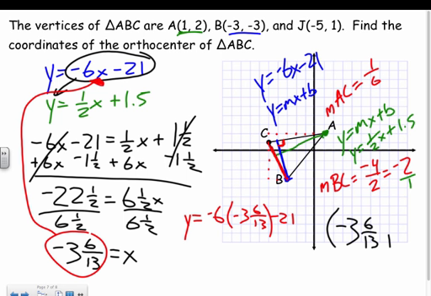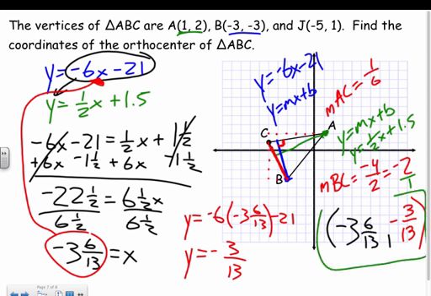So I take negative 6 times negative 3 6/13 and subtract 21, and y gives me negative 3/13. So go ahead and use your calculator, save yourself some time there. Negative 3/13. So there we go. There's my exact orthocenter of this triangle.